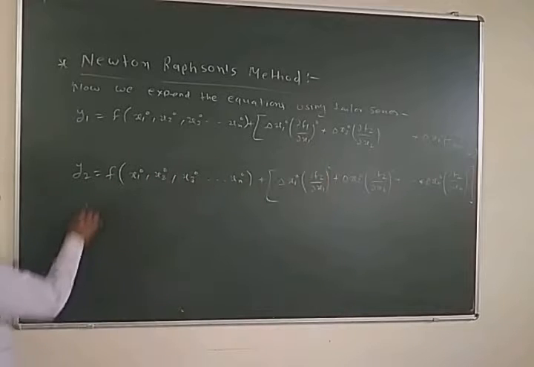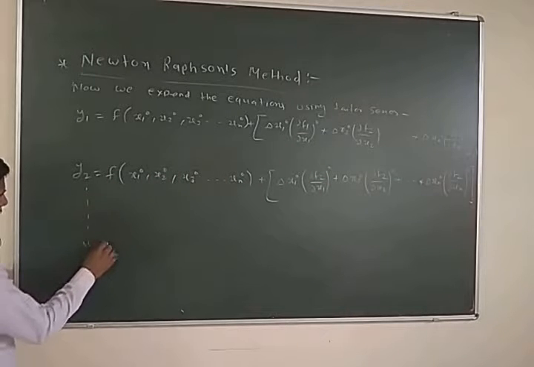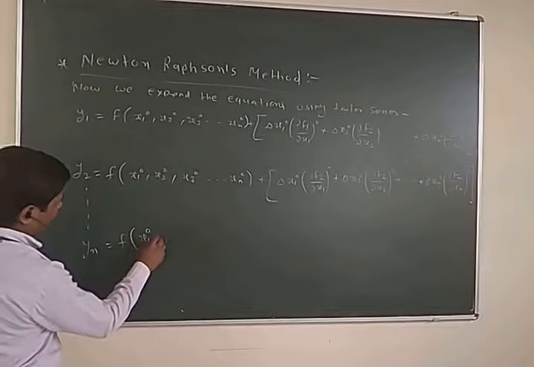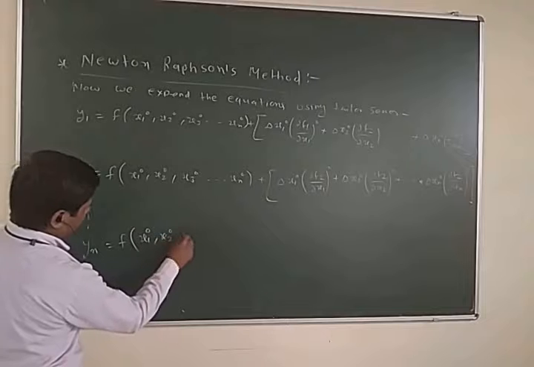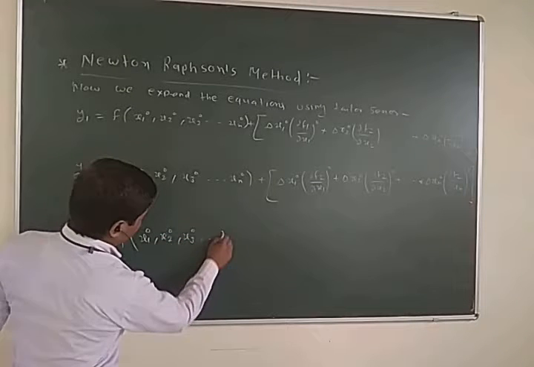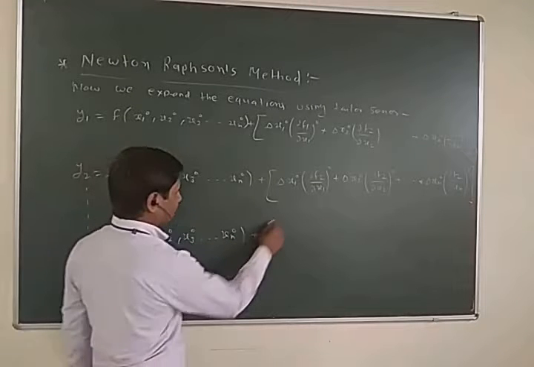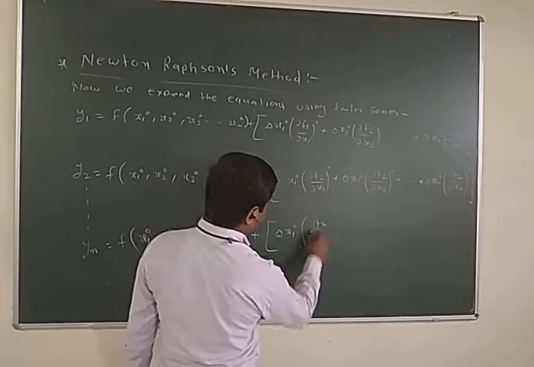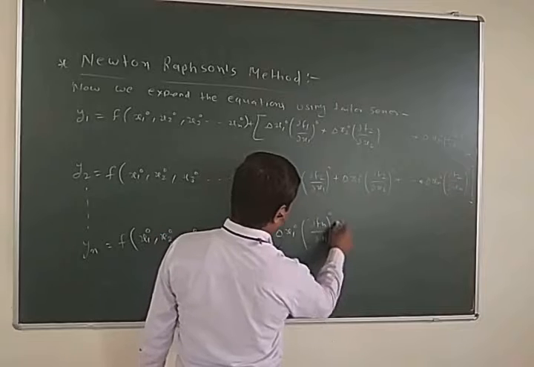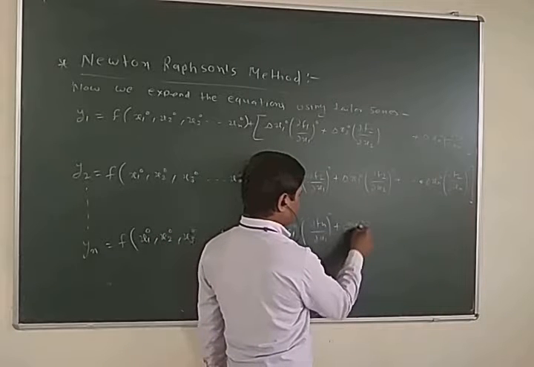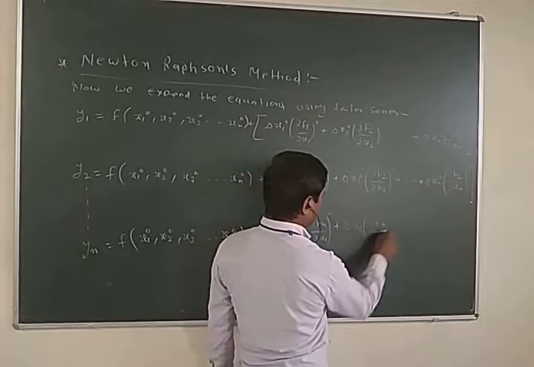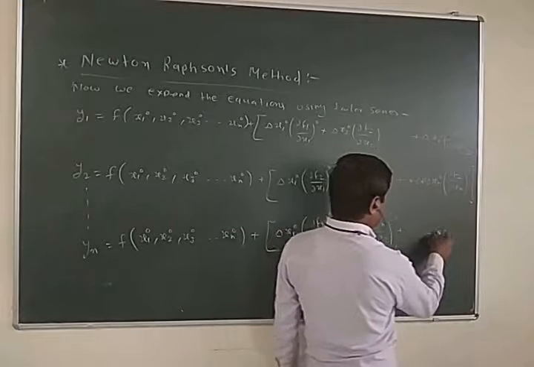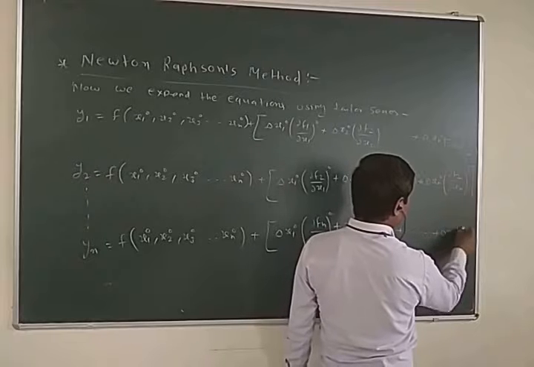And similarly yn is equal to function of x10, x20, x30, dot, xn0 plus del x1 del fn upon del x1, plus del x2 del fn upon del x2, dot, del xn del fn upon del xn.